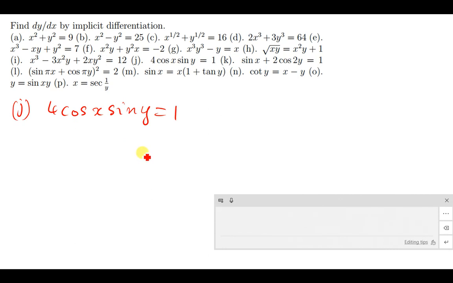Since this is an implicit function, we also have to understand that after differentiating sine y, we have to add dy dx. So using the product rule, we're going to say let u be equal to 4 cos x and v be equal to sine y.